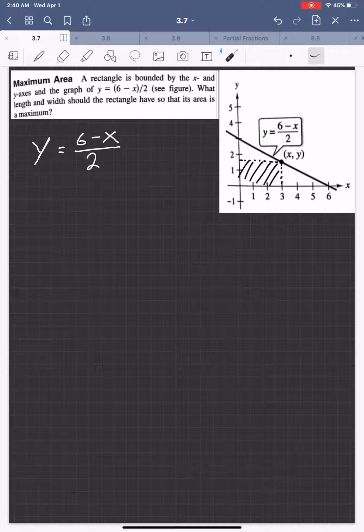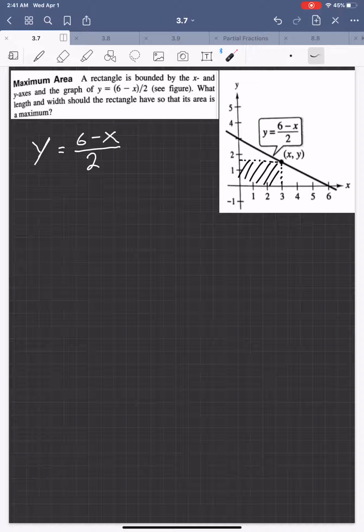So it is going to be another maximization problem, an optimization problem, and it appears that what we have is a rectangle bounded by the x and the y axis. Okay, now, I've already produced a picture for you, but just to walk you through this. So bounded by the x and the y axis, okay? That means that the x-axis and the y-axis serve as some walls to box in this rectangle, right?